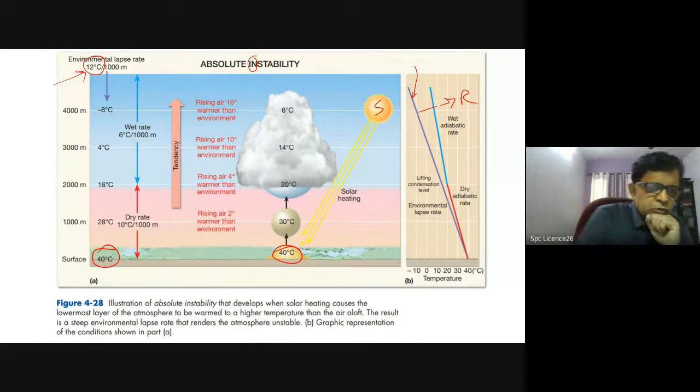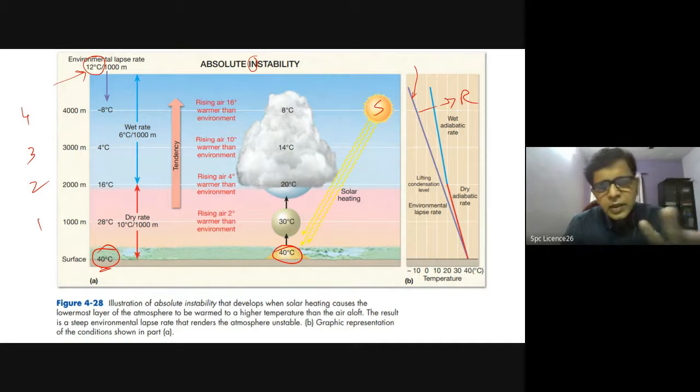So if I start the surface temperature at 40 degrees, the temperature will fall to 28 in 1 kilometer, 16 in 2 kilometers, 4 in 3 kilometers, and minus 8 in 4 kilometers. This is the temperature of the general air.